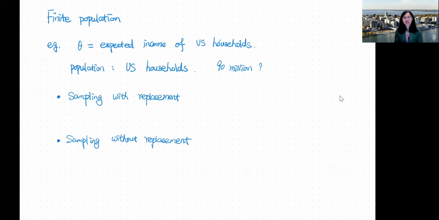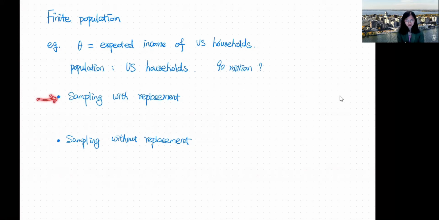But when the population is finite, for example, when the population is the US households, there are many US households, say maybe 90 million or so, but still that is a finite number. When you sample from a finite population, these two sampling techniques will be different.